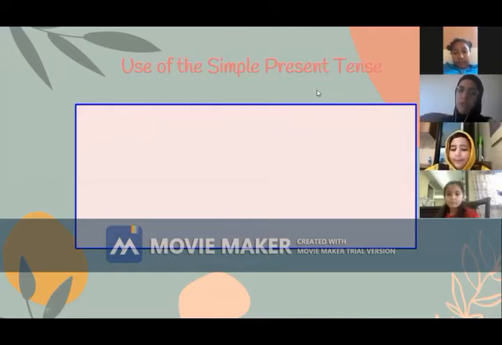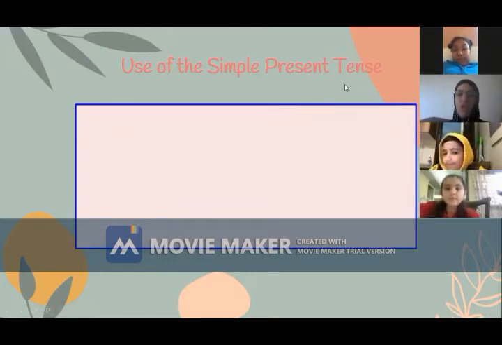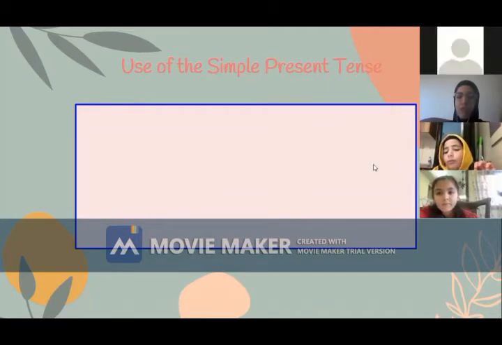Yes, we covered the process paragraph in the writing, but in the grammar, the simple present tense. Do you know for what purposes we use it? Who knows when do we use the simple present tense?